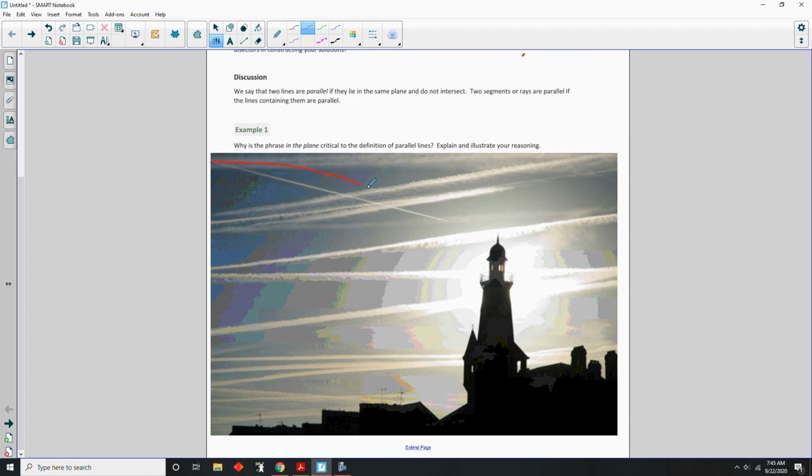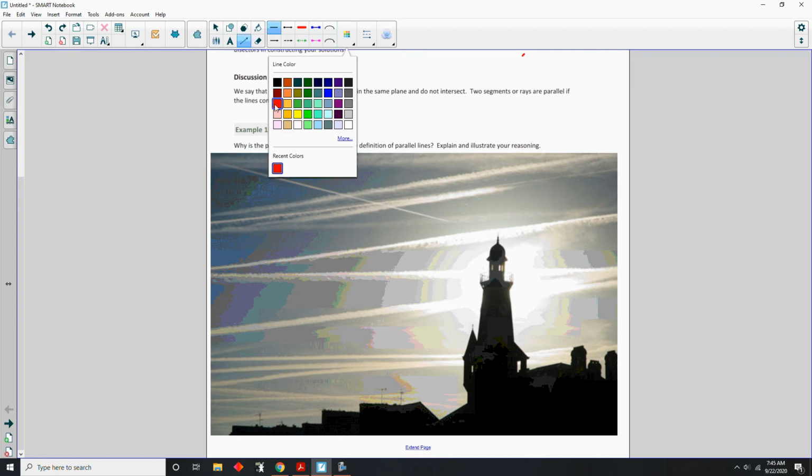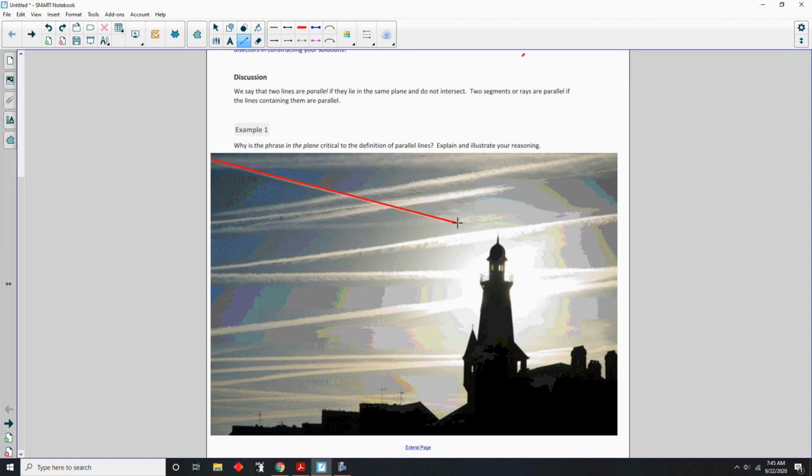And let's just look at this jet stream right here, or contrail. It looks like it intersected this one, or even this one here.